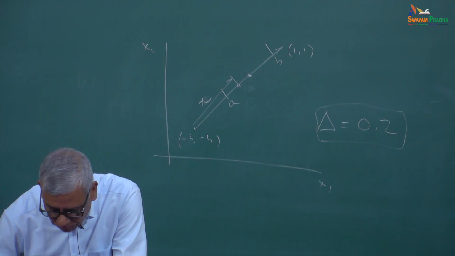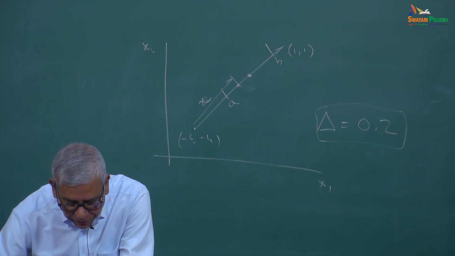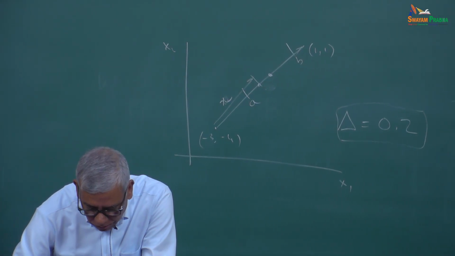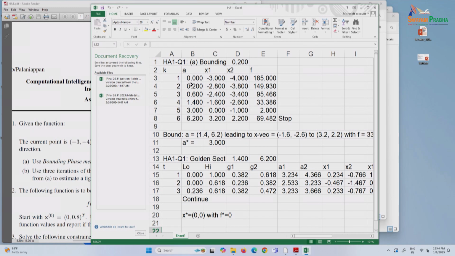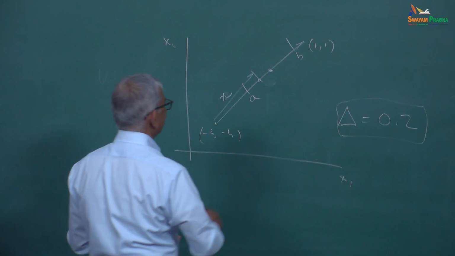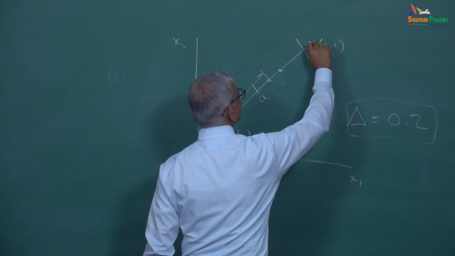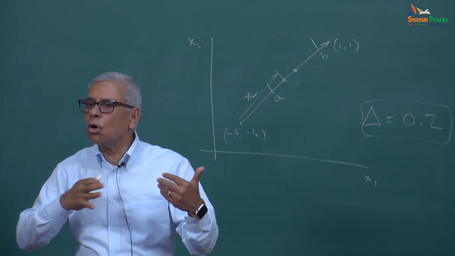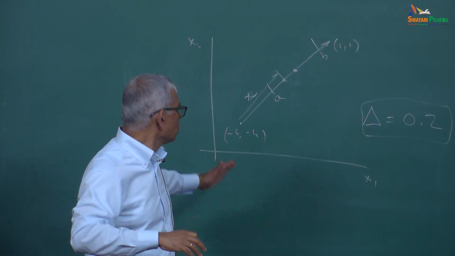So you see now what I did. This is the solution, but you have to do it yourself. First thing you need to figure out is direction, but in this case, since the direction is given, I don't have to check which way to go, because I've already said go in that direction.